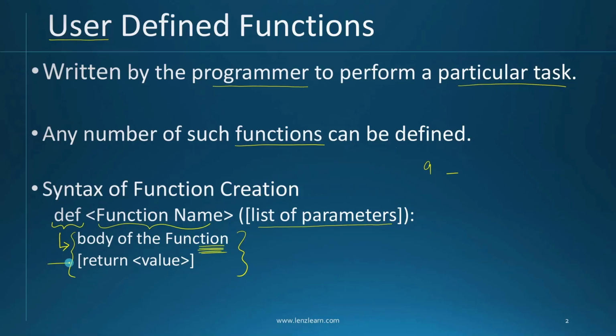One of those statements can be a return. Return is a keyword. After return, you can write a value or a set of values. The purpose of the return statement is that once the function finishes its job, it will return the result that the function has found to the main program which has called this function.